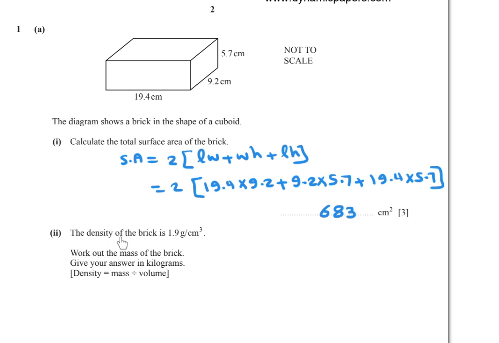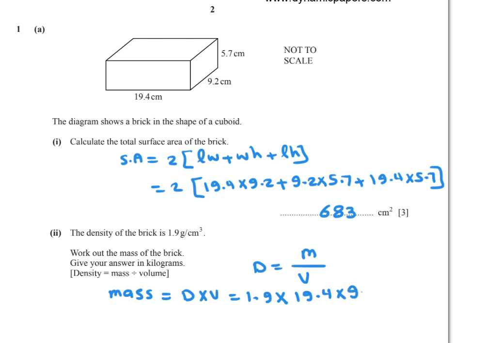1a (ii). The density of the brick is 1.9 gram per centimeter cube. Work out the mass of the brick. Give your answer in kilograms. Density is mass over volume. So the mass equals density times the volume. Density 1.9, volume length by width by height, so 19.4 times 9.2 times 5.7.